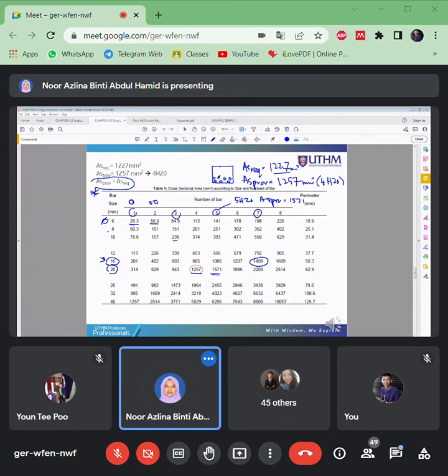So that's why you have to decide wisely according to the width of the beam section. If you can reduce the size and the number of bars, it will be much better, as long as the AS provided is more than the AS required.